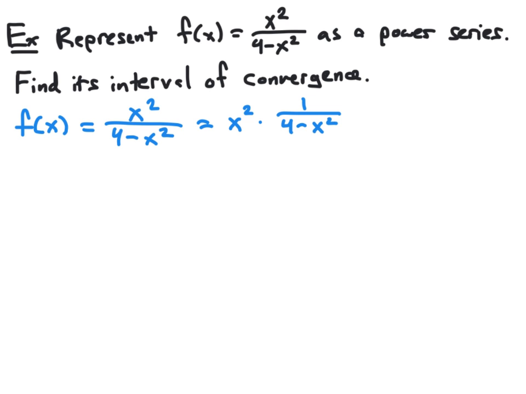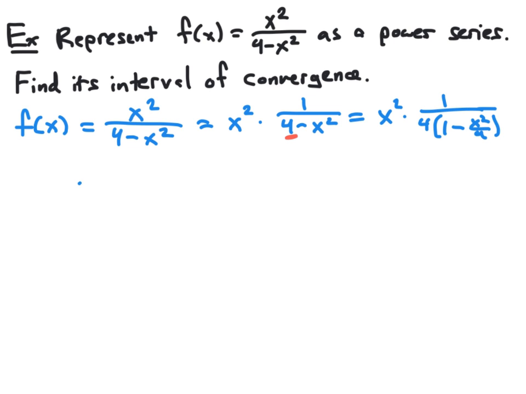So now we look at 1 over 4 minus x squared. In order to get this into the geometric form, we do need this constant in the numerator to be a 1. And so what we actually need to do here is factor a 4 out of the denominator. And so we're going to have x squared times 1 over 4, and then the remaining part, once we factor out 4, is going to be 1 minus x squared over 4.